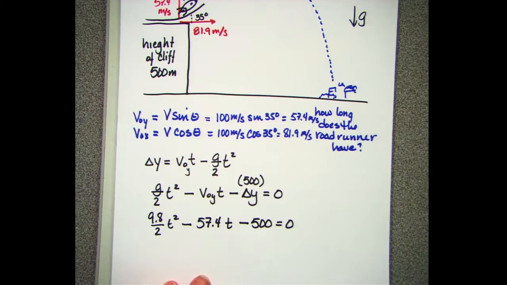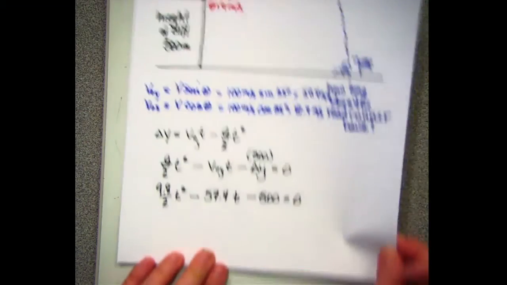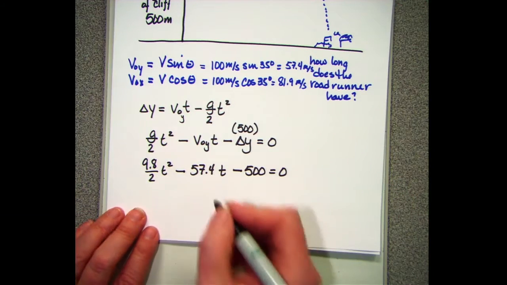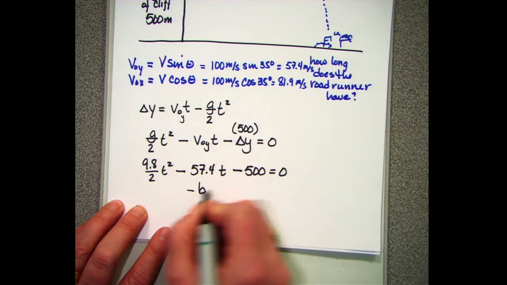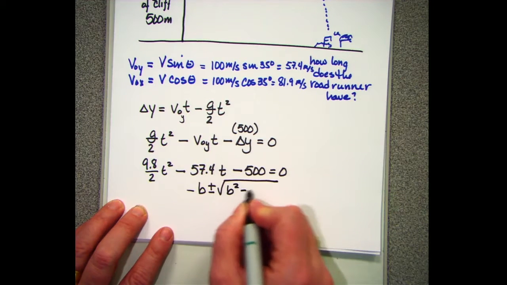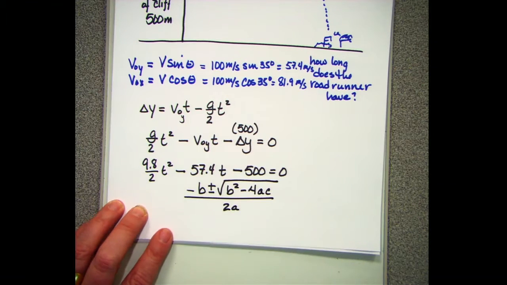Me, I'm going to take the simple way out. I'm going to remember the quadratic equation, so I might want to put the quadratic equation on my cheat sheet. It's minus b plus or minus the square root of b squared minus 4ac all divided by 2a.